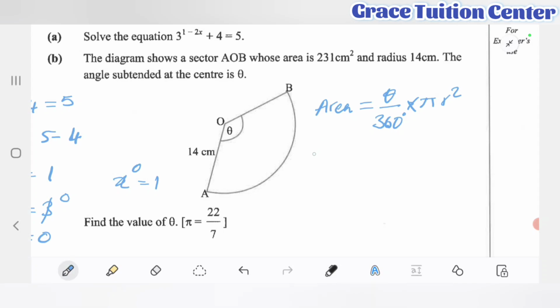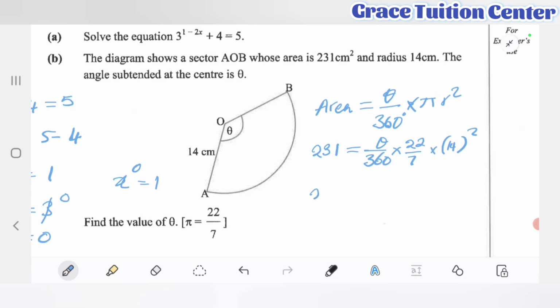So we'll say 231 equals theta over 360 multiplied by, where there's pi I put 22 over 7, where there's a radius I will put my 14, not forgetting to square it. Once this is done, I'll go ahead and simplify what can be simplified.